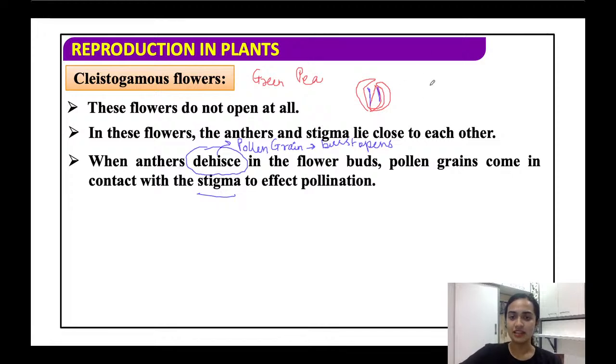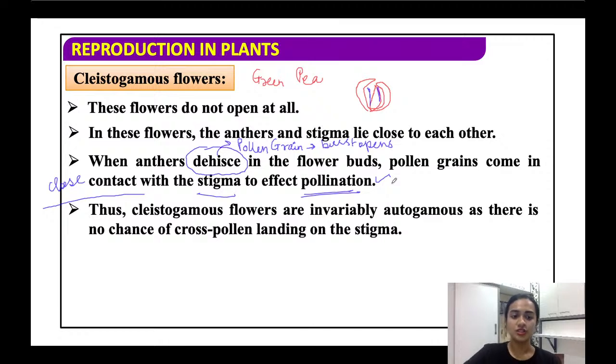Since the anther and the stigma are in very close contact, as soon as the pollen grain ruptures the membrane of the anther, dehiscence is caused and it doesn't have to travel so far. It will immediately come in contact with the stigma and pollination will take place. Thus, cleistogamous flowers are invariably autogamous. By autogamous, I mean they will always self-pollinate.